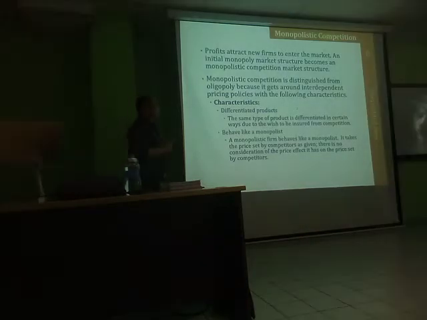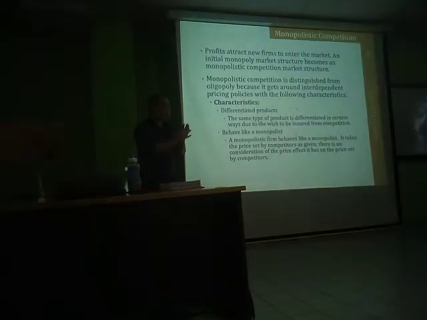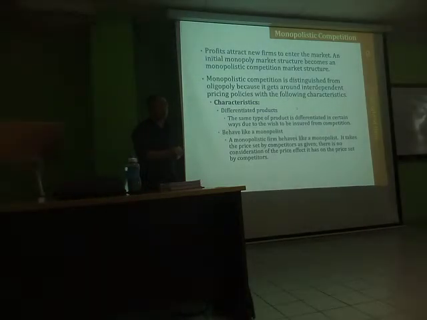Now, imperfect competition, another name for it is monopolistic competition. But monopolistic competition is a broader name, where inside monopolistic competition we have imperfect competition and we have oligopoly. I hope you still remember these types of market structures. We have perfect competition, monopoly, imperfect competition, oligopoly.